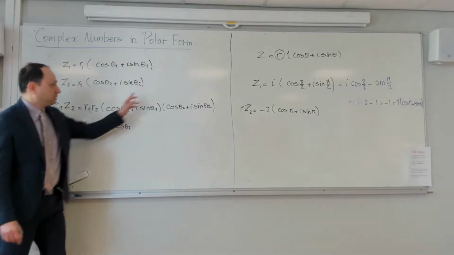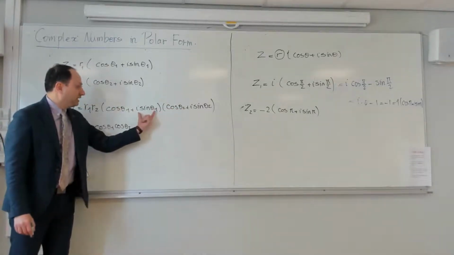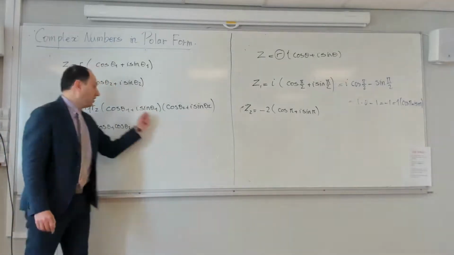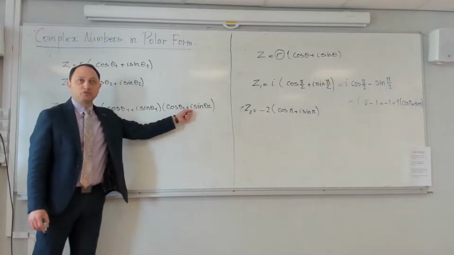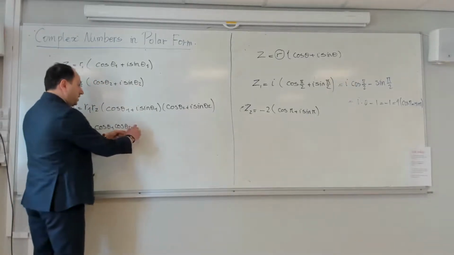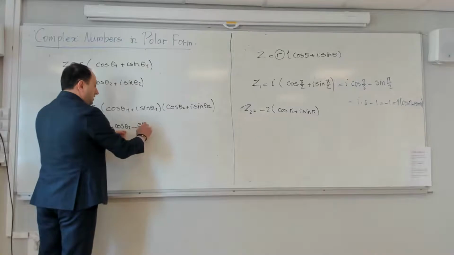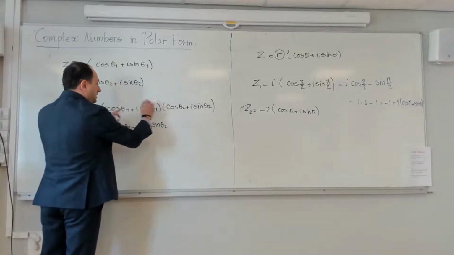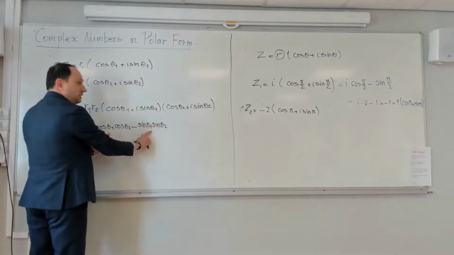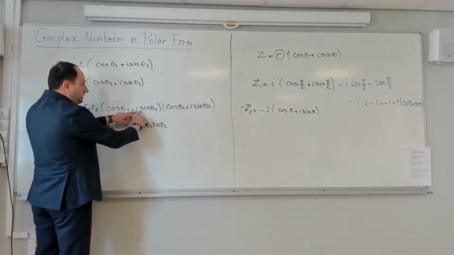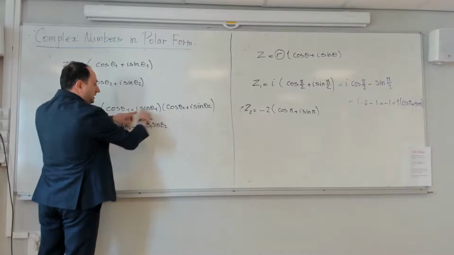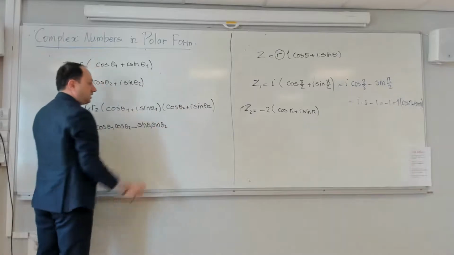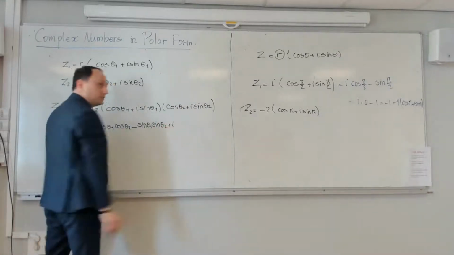In principle, I should multiply this by that, but let me look a little bit ahead. Do you agree that at some point I have to multiply this by that? Then I times I becomes I squared, which is minus 1. So let me write it here: minus 1, sine theta 1 sine theta 2. Do you agree? But then the other terms each contain an I, and I factor an I out.